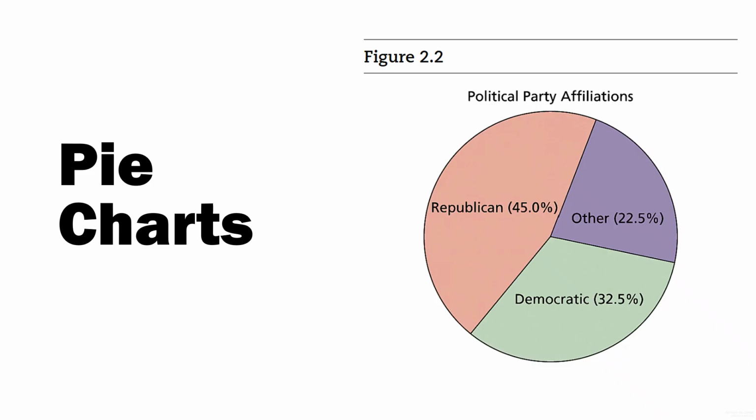Either method, either leaving it as a decimal or a percentage, is acceptable. Most people will recognize the percentages a lot better. Looking at this, if somebody had color blindness, they would still be able to tell proportionally how many people were Republican, Democratic, and so on.